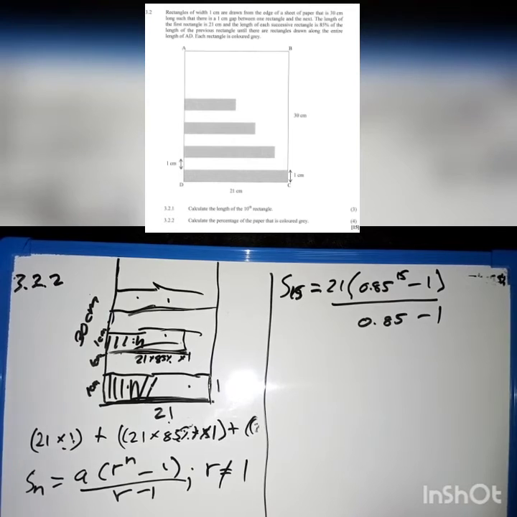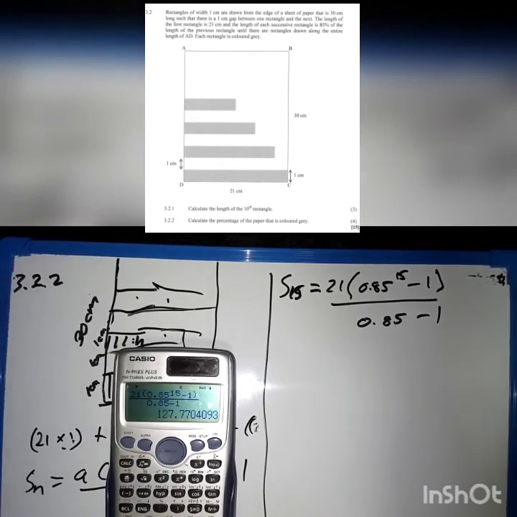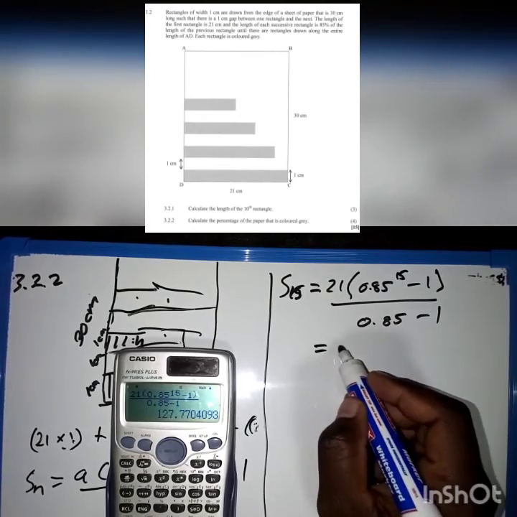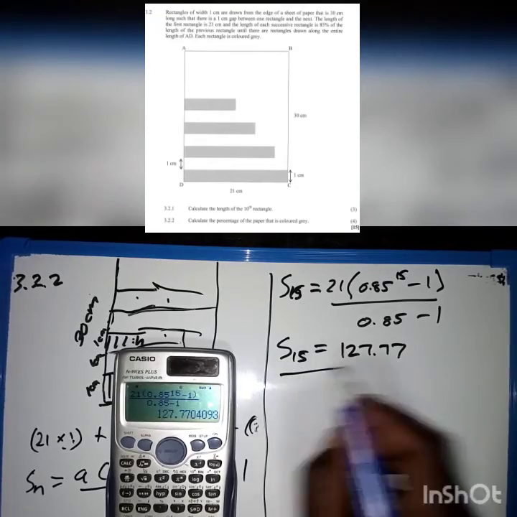We put that into a calculator: 21 open bracket 0.85 to the power of 15 minus 1, over 0.85 minus 1. This gives us 127.77. So this will be S15.